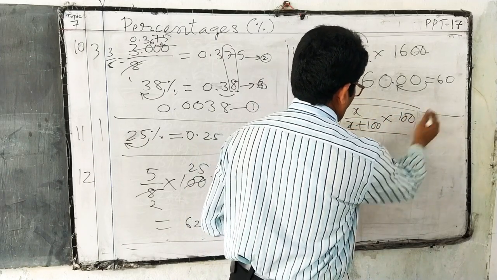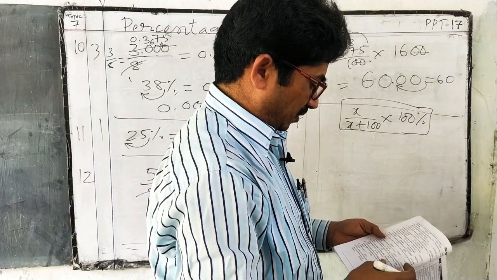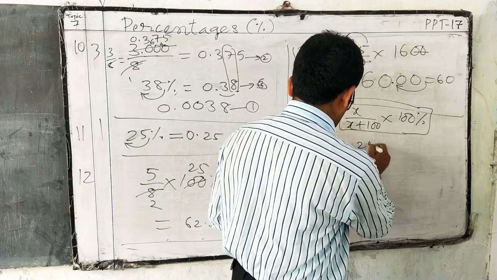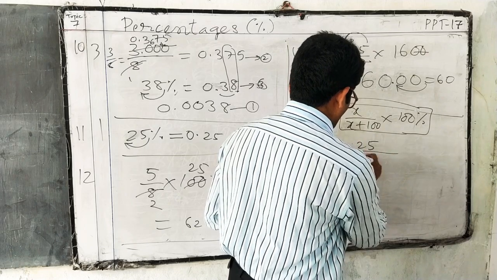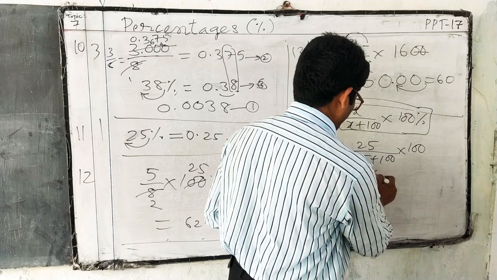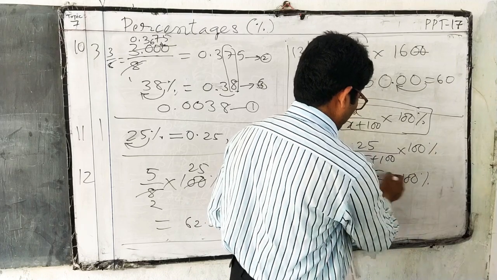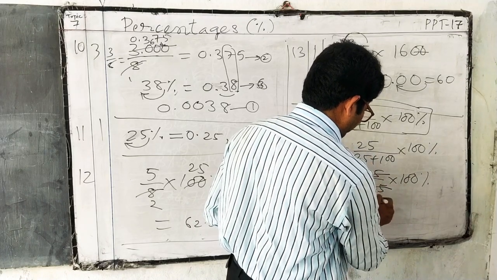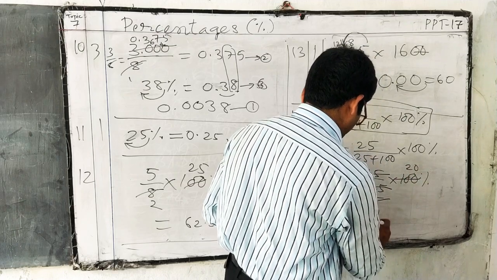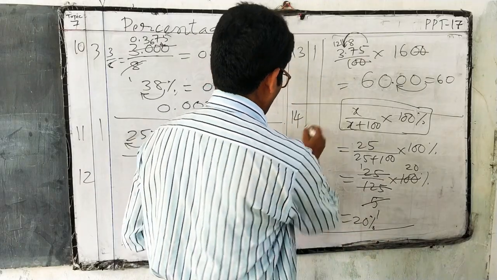This is the formula to find how much less B's share is. So 25 by 25 plus 100 into 100 percentage, 25 by 125 into 100 percentage. 25 ones are 25, 25 5s are 125, so 20 percentage. So option 2.